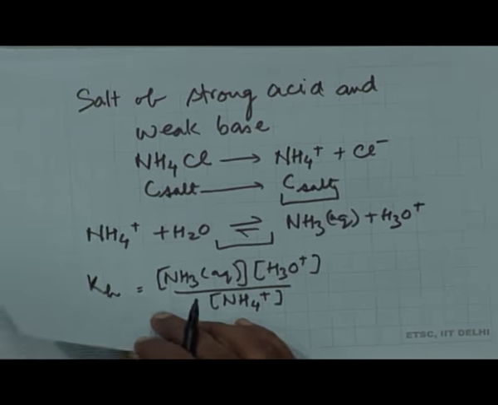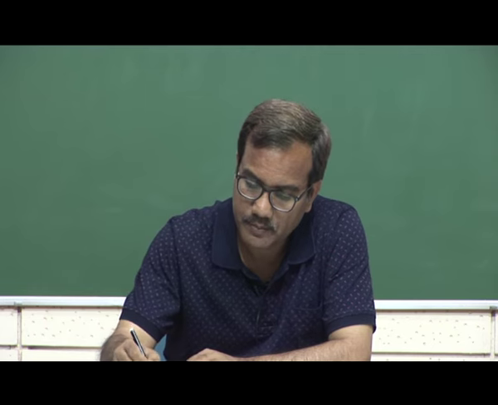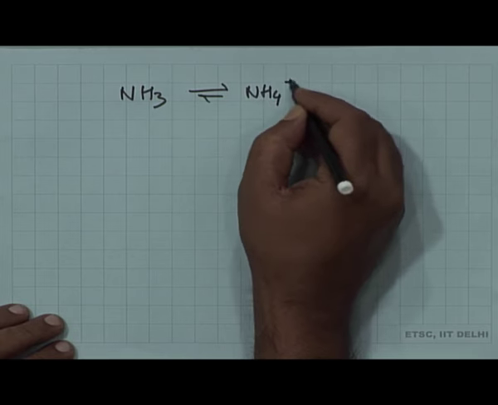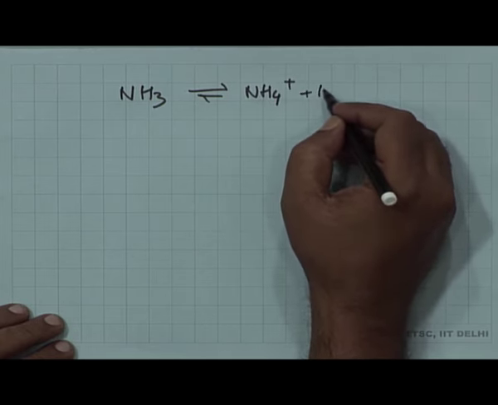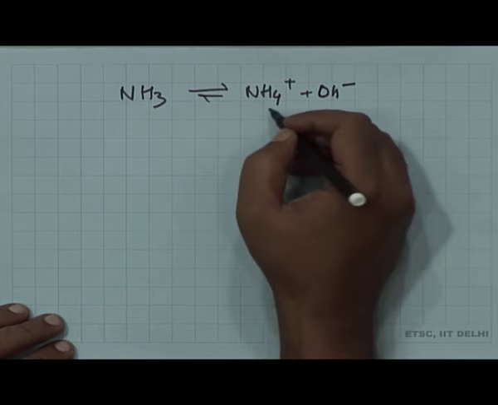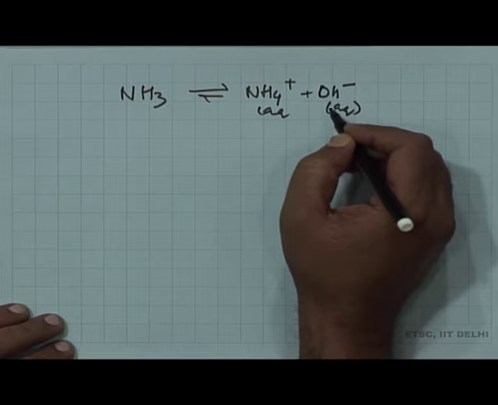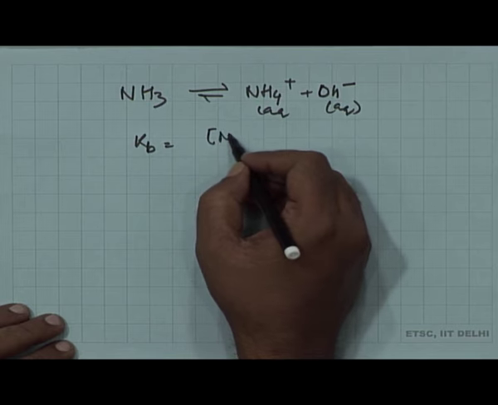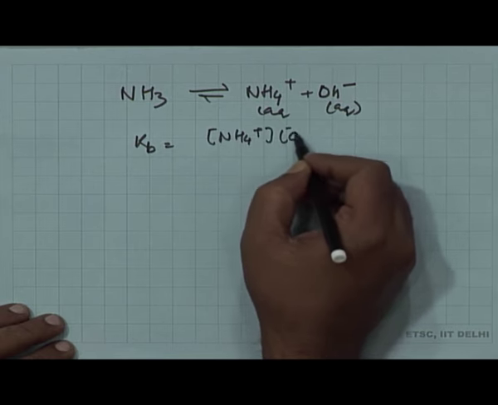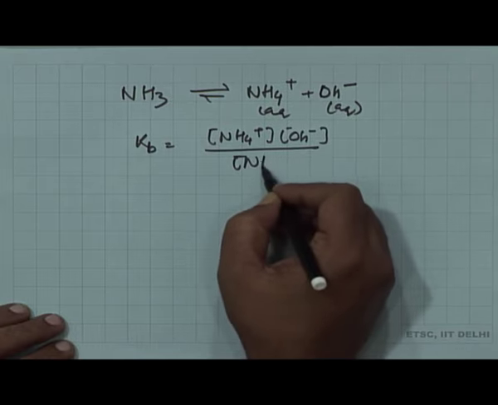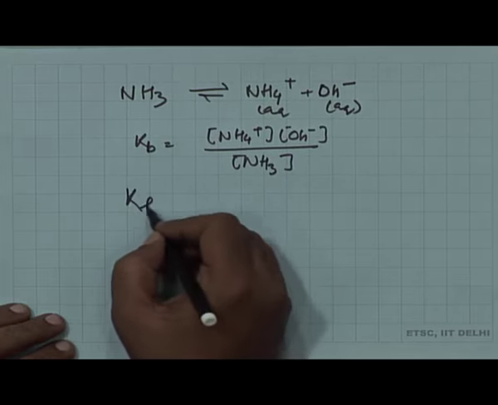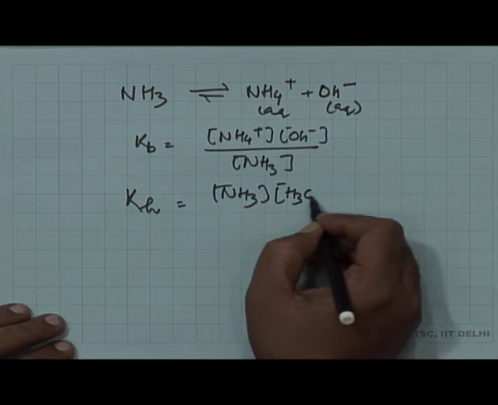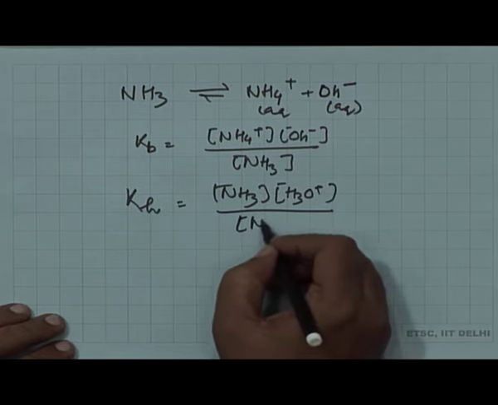And we know that NH3 in aqueous solution gives you NH4 plus and OH minus ion in aqueous, and so this is your Kb. Kb is equal to NH4 plus into OH minus divided by NH3, and just now we calculated Kh, which is NH3 aqueous into H3O plus divided by NH4 plus.